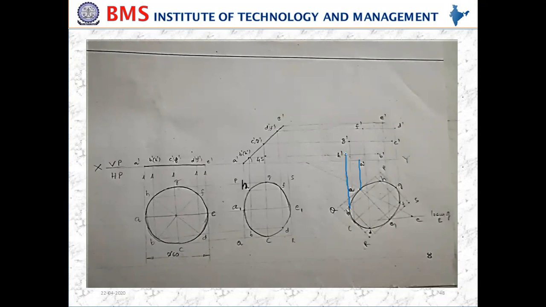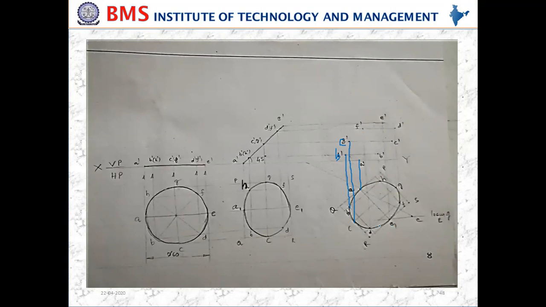This is B. Then from C, you need to draw a vertical projection. This is C, and then this is B dash. This is C dash, and this is going to be B, C, D, F.